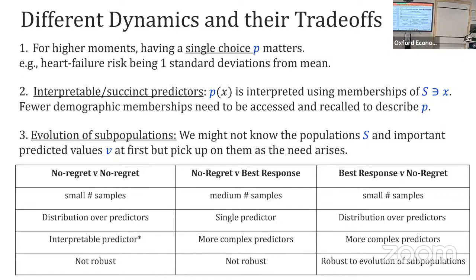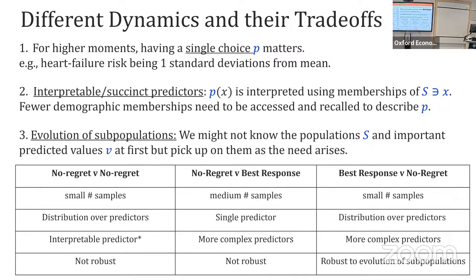The reason this guy is using very few samples is because no regret not only didn't require any samples, but it was very fast convergence. So that's the reason this is small, is really because I'm using two no regret algorithms that are very efficient. The reason this is interpretable is because of how quickly you also converge.